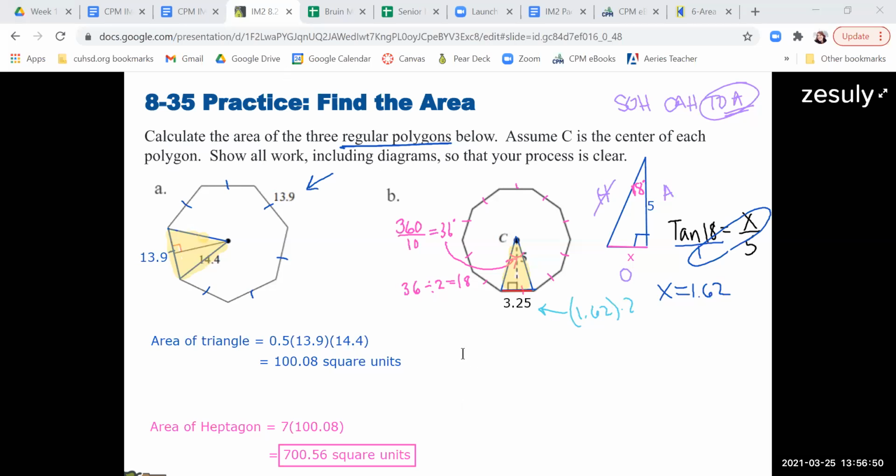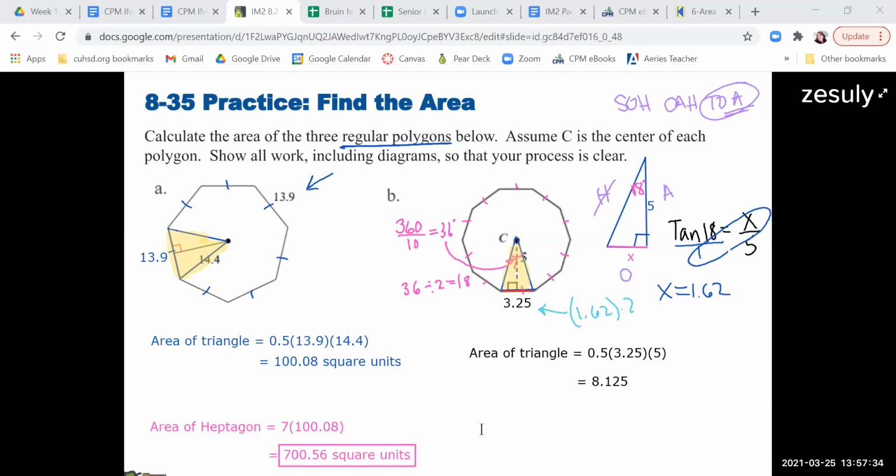And now we can find the area of the triangle. Area of a triangle is 1/2 times the base, 3.25, times the height, 5, which is 8.125. And then we just have to multiply by how many we have. Remember, it's a decagon.